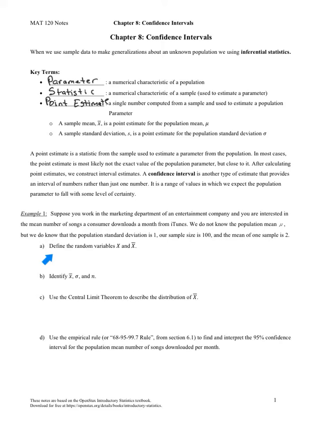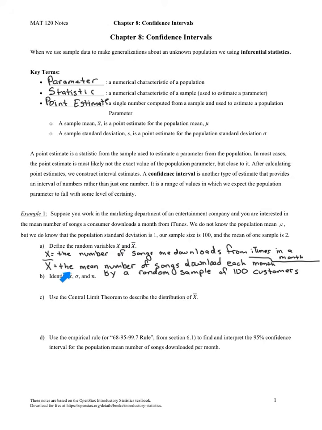In letter A, you're asked to define the random variable x, and our random variable is the number of songs one downloads from iTunes in a month. We're also asked to find the mean. That's the mean number of songs downloaded each month by a random sample of 100 customers.